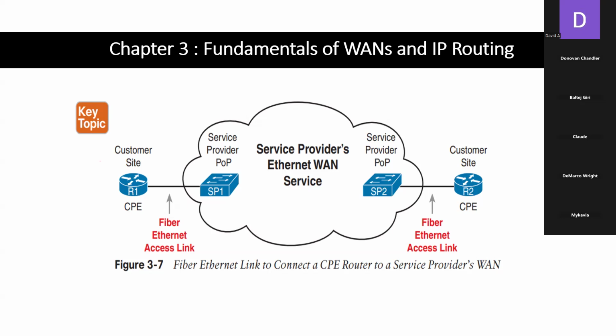This is still an Ethernet technology. Whenever we talk about fiber, at the end of the day, it's still a fiber Ethernet link. And then over time, they said, okay, we can go ahead and use this as a WAN technology.